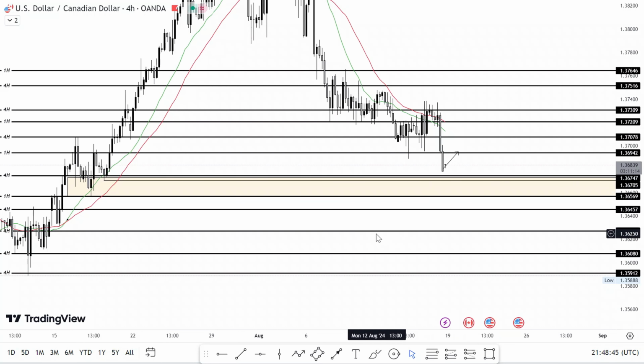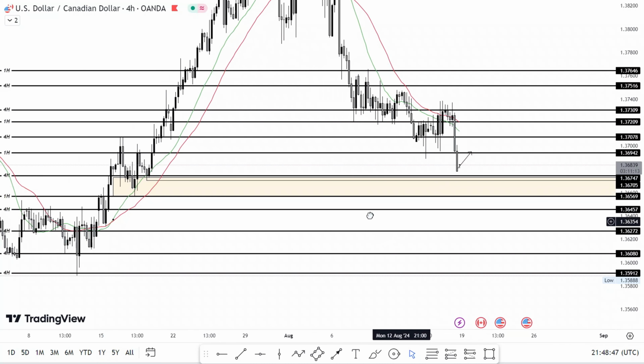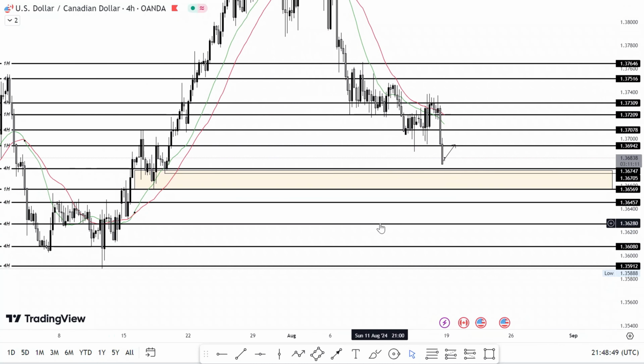Now what I'm expecting USD CAD to do throughout the week is for it to actually drop to this level, 1.36457.